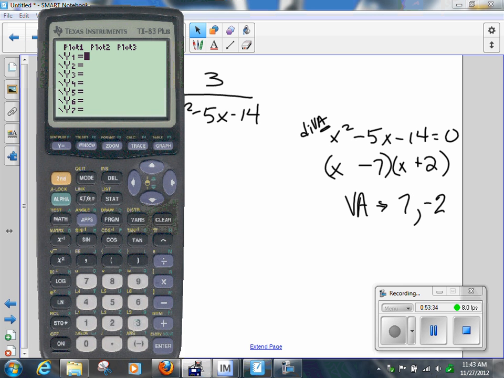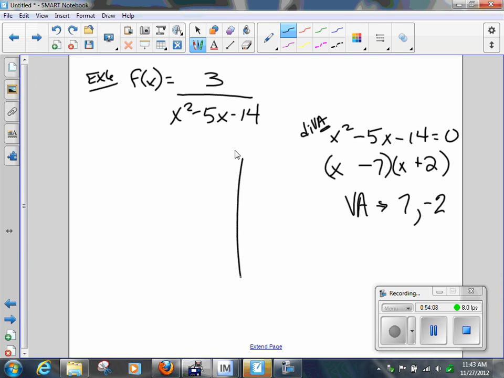So we're putting 3 divided by x squared minus 5x minus 14 and we're going to graph it. Looks like there are how many pieces here? 3 pieces, okay? So let's draw it real quickly.